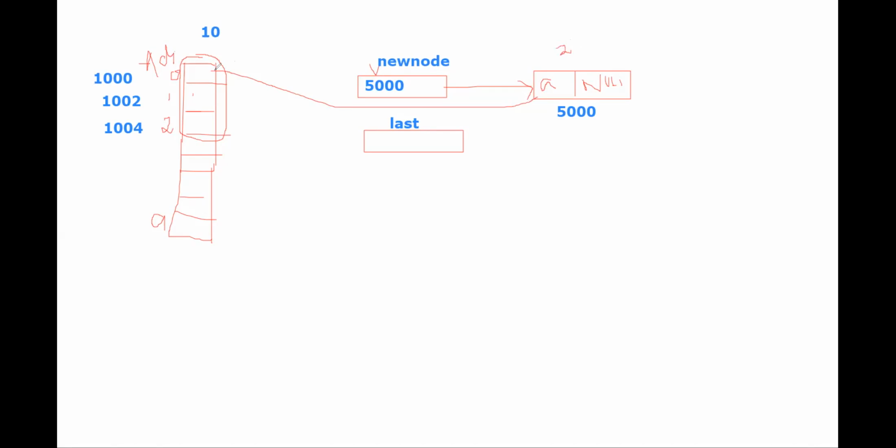I mean, is there already an adjacent node in vertex 0? If it is null, it means there is no adjacent node to this vertex 0. Then I will copy the 5000 here, nothing but the new node. 5000 is given to the adjacency of 0.